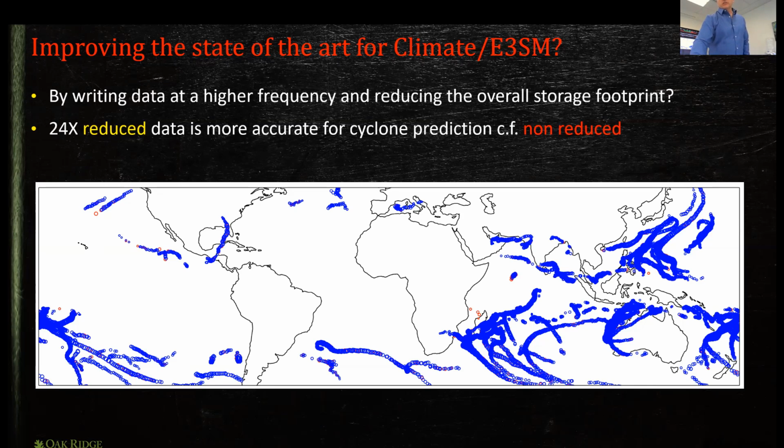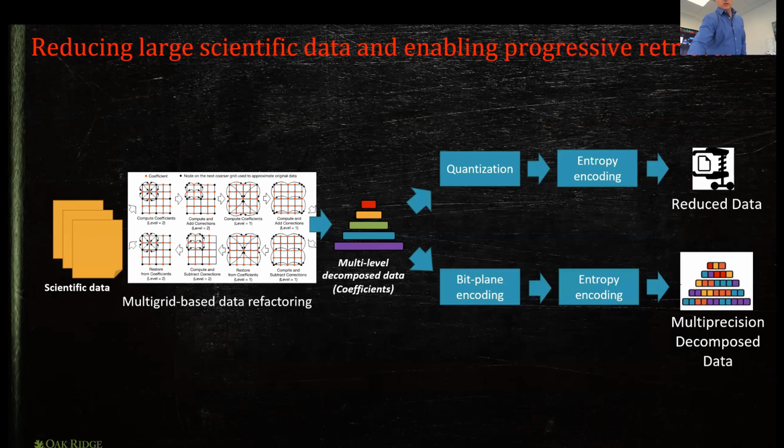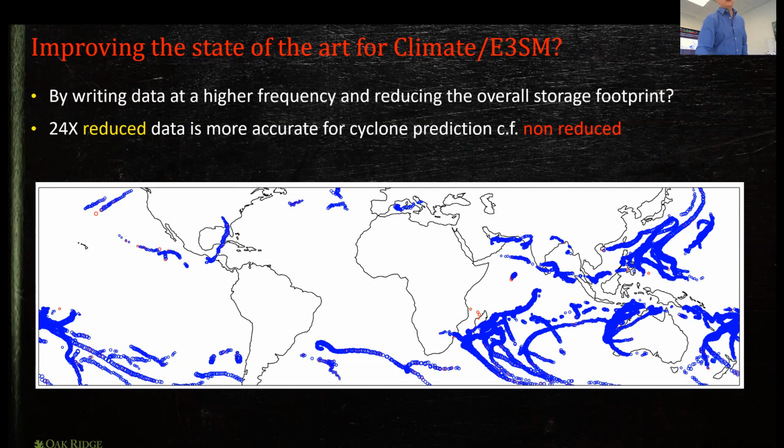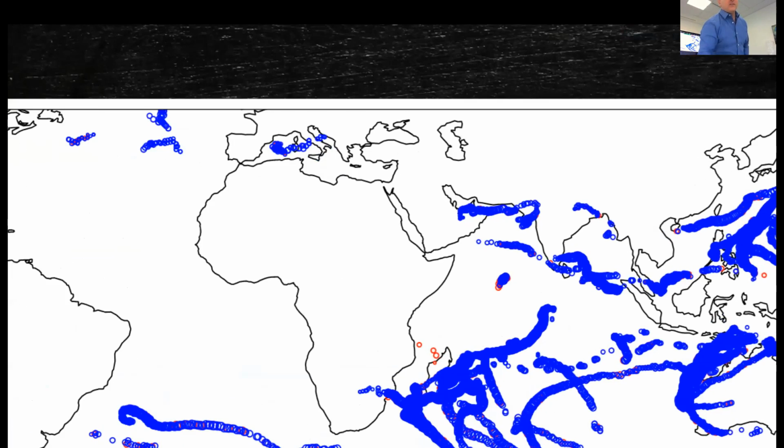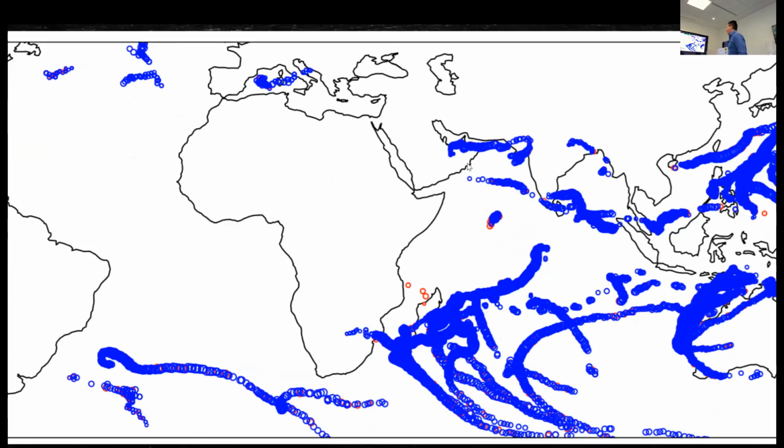And a 24x reduction with more accuracy sounds good. That's one of the main reasons why they're working with us, because they are reducing, and there are better techniques. Nice to see the contrast, with and without this enhanced accuracy. If you come up close enough, you can see it.